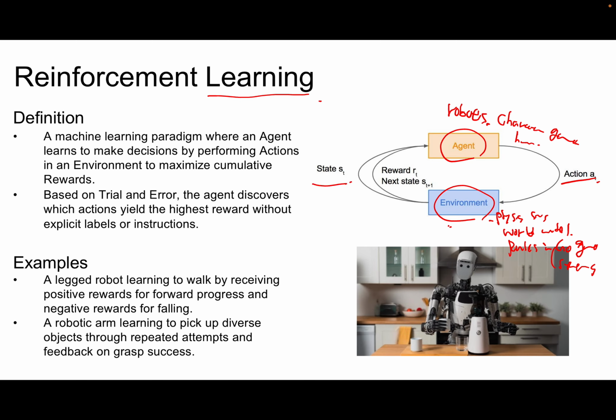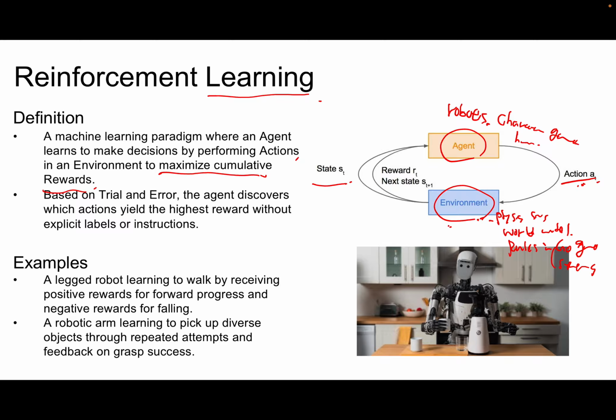From its name, we can tell this is the state of the environment or of the agent. Because the agent takes some action, something changes in the environment, and we get an updated state, which is the output of the action through the environment. And the goal of the agent is always maximizing reward. So the agent makes decisions by performing actions in the environment to maximize cumulative reward. That is the definition of reinforcement learning.